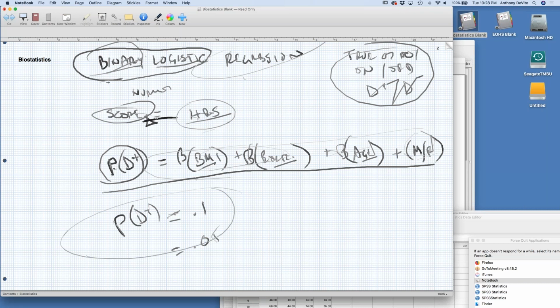So when we talk about logistic regression, particularly binary logistic regression, instead of predicting a specific score or numerical value, we're looking to predict the probability that a person who has these various values for other variables is diabetic, has heart disease, has coronary artery disease, and so on and so forth.